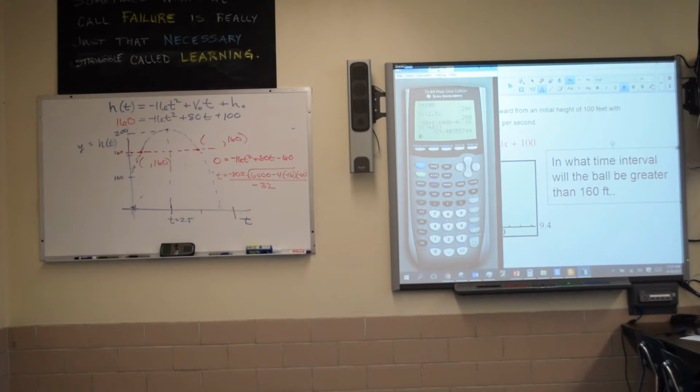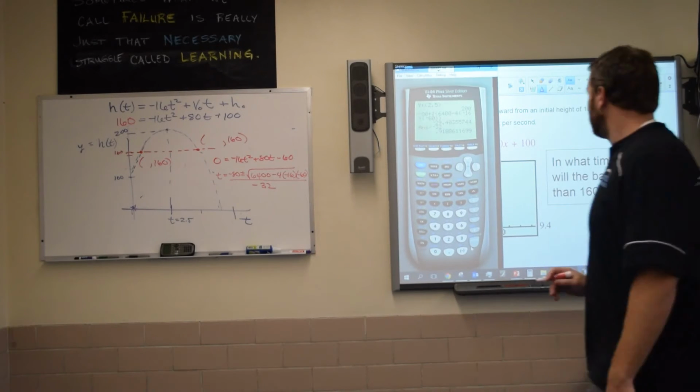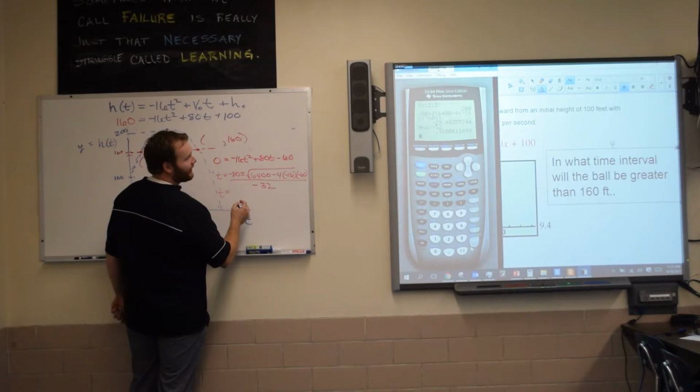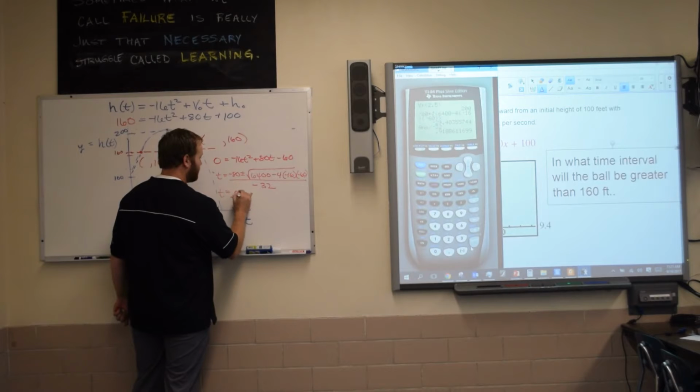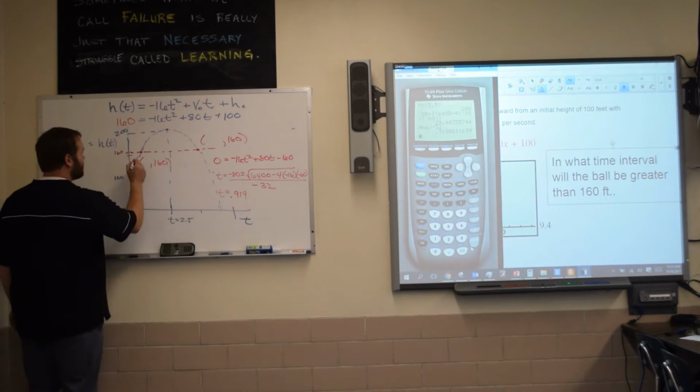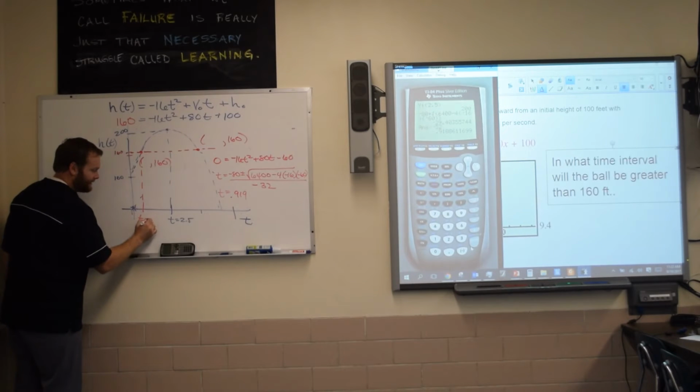And that's the numerator. I'll divide the numerator by negative 32, right? So one time value is, we'll just say 0.919. Okay, 0.919. So that would be that t value right there.